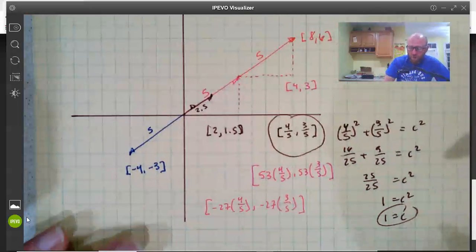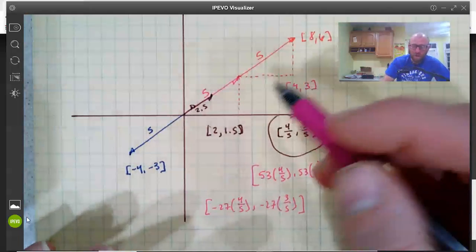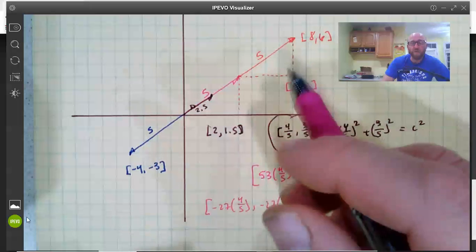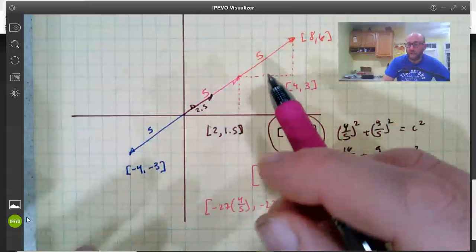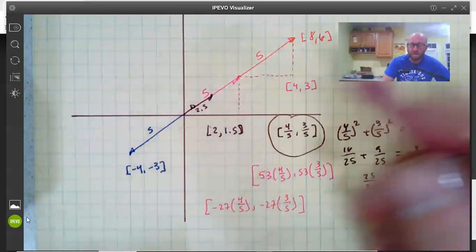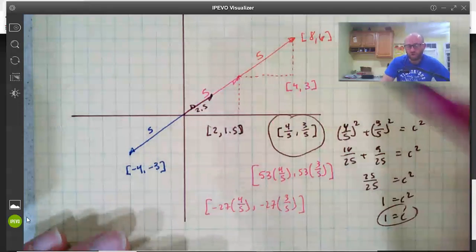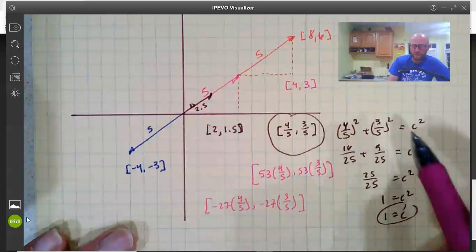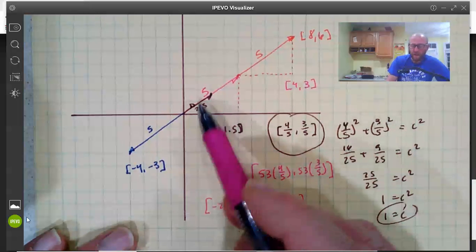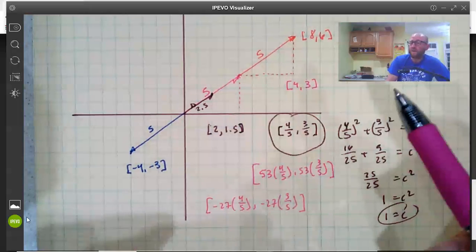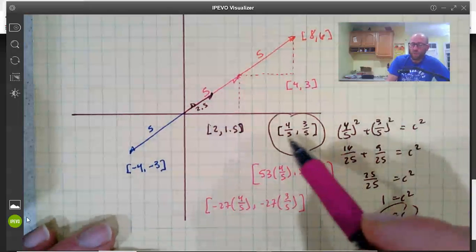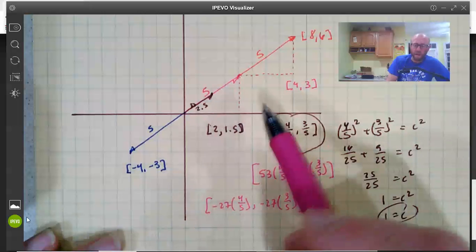So, again, if I want to find a vector that goes in the same direction as the vector I have, but is longer or shorter, all I really have to do is scale that vector down to 1 unit length by dividing each of its components by its overall length.